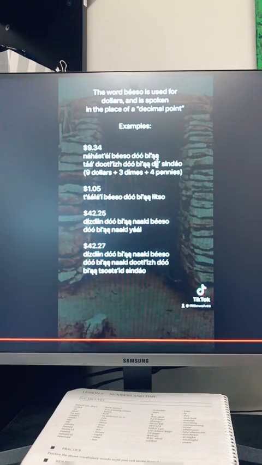Okay, $42.25. Disdeen doba'a na ki peso doba'a na ki yal. Disdeen doba'a na ki, that's 42. Peso, dollars. Doba'a and na ki yal, 25 cents.